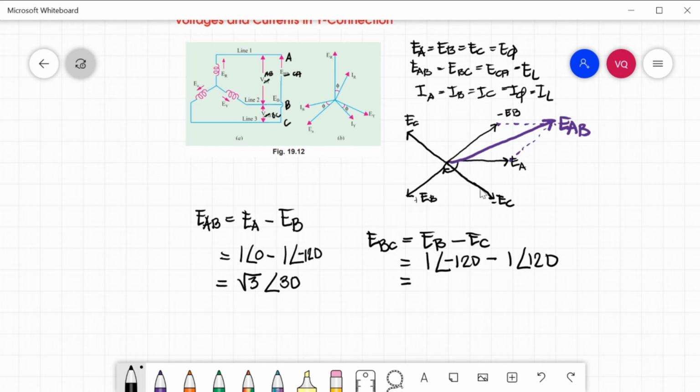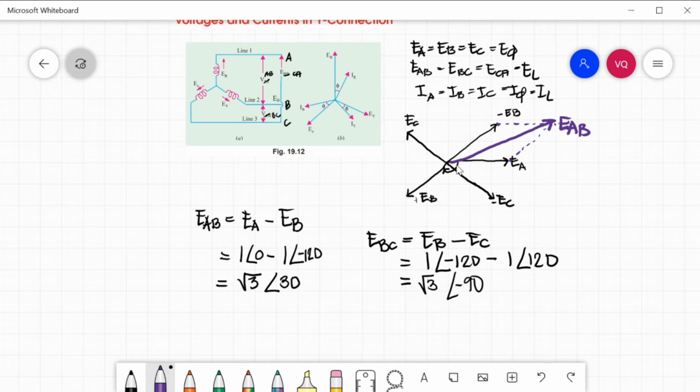So it is here, 180 degrees. And if we are going to get the difference between the two phase voltages, we will get square root of 3 angle negative 90. So this negative 90 is with respect to our x-axis.